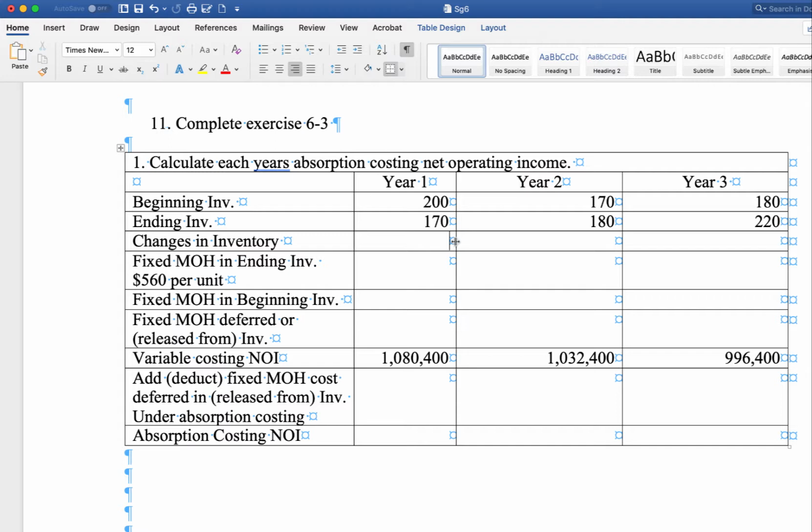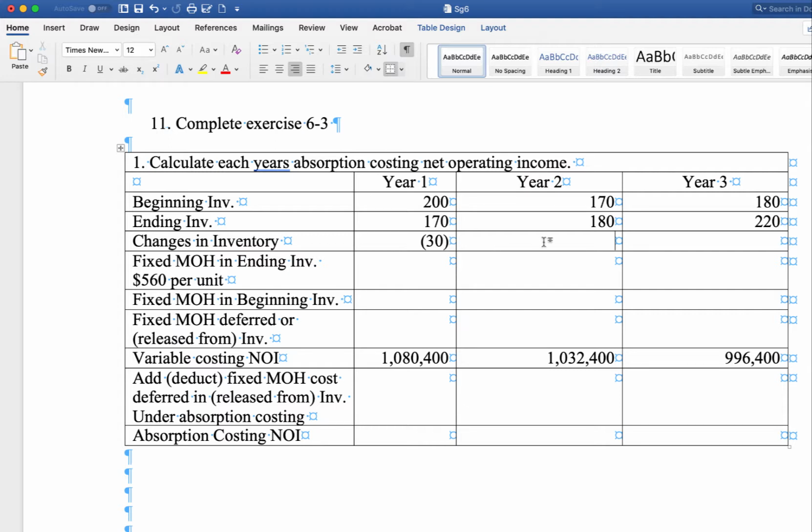In year 1, we started off with 200 units in beginning inventory. The end of the period, we have 170 units in inventory. So what happens? Our inventories are decreasing. So we're 30 units, inventory is changing, it's going down. Because inventory is going down, we would expect the absorption costing net operating income to be less than the variable costing income.